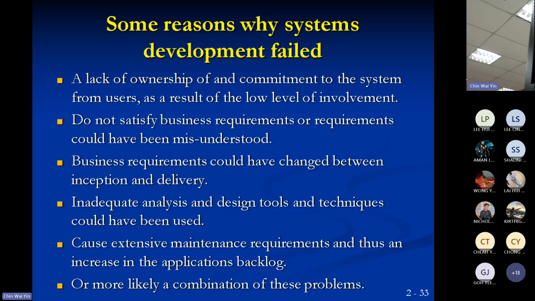Some of the reasons why systems development may also fail are because it does not satisfy business requirements, or the business requirements could be misunderstood. Now, why does it not satisfy business requirements? What's happening in the business environment? It's moving very fast, isn't it?